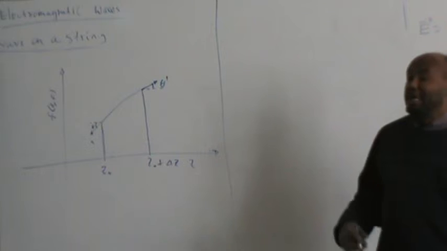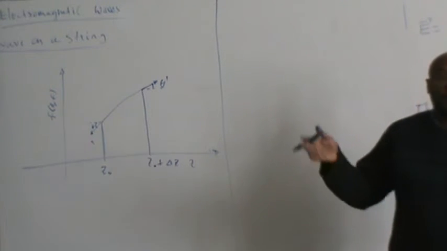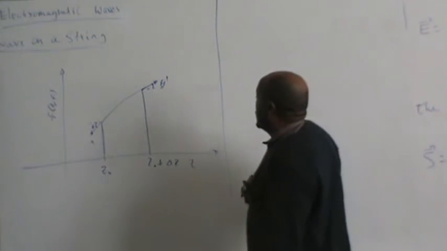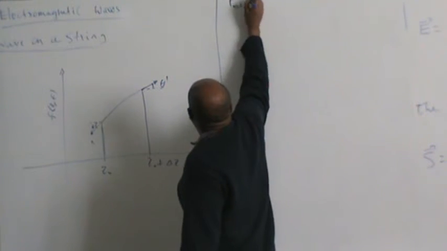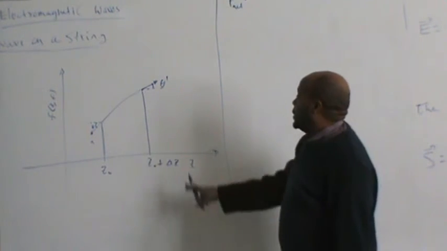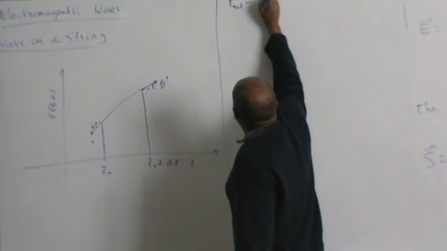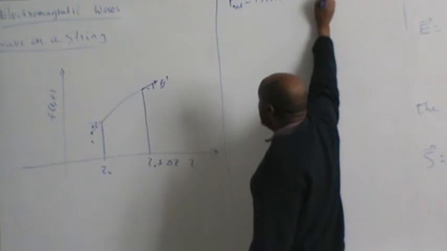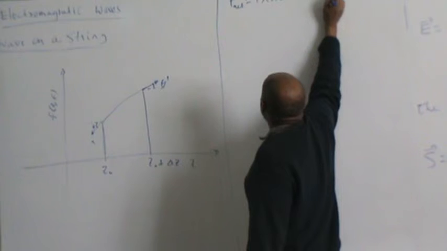What is going to be the net force acting on the string along the vertical displacement direction? So if I want to find F net, that's going to be T sine of theta prime minus T sine of theta.